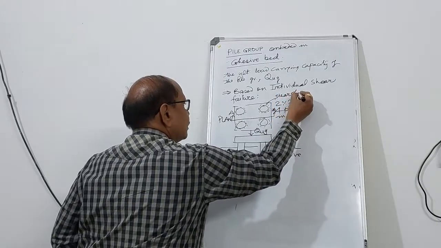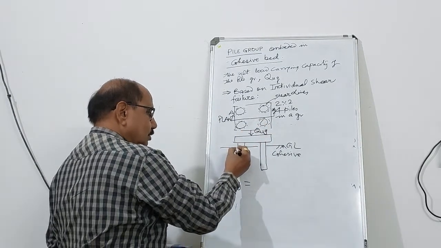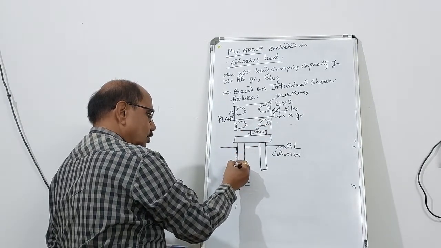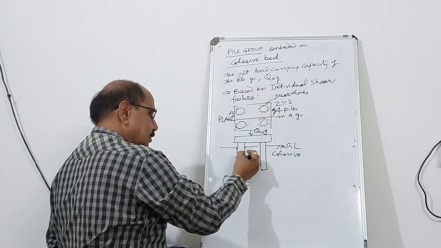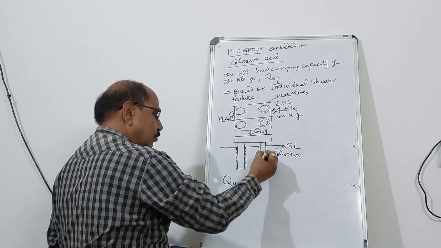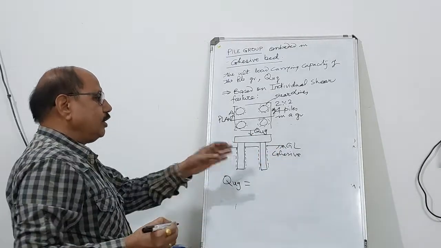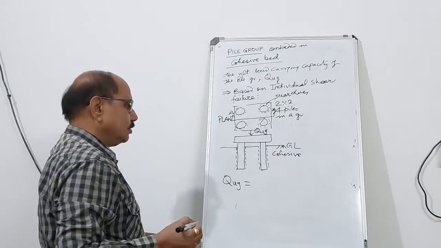One by one, the pile is going to fail. So we can show this shear line here. This is called individual shear failure.